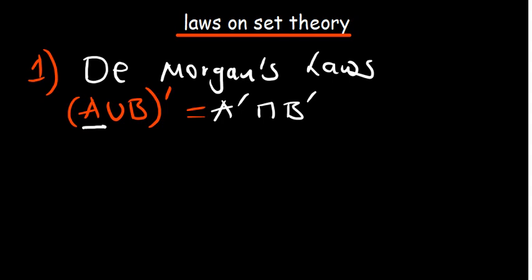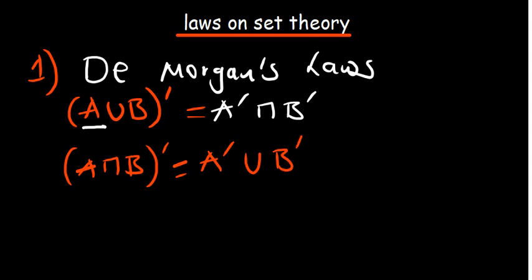Then the second De Morgan's law is basically the opposite, where you have the intersection instead of the union. So this is going to become A complement union B complement. That's what we have as our interpretation there. So these two are referred to as De Morgan's laws.